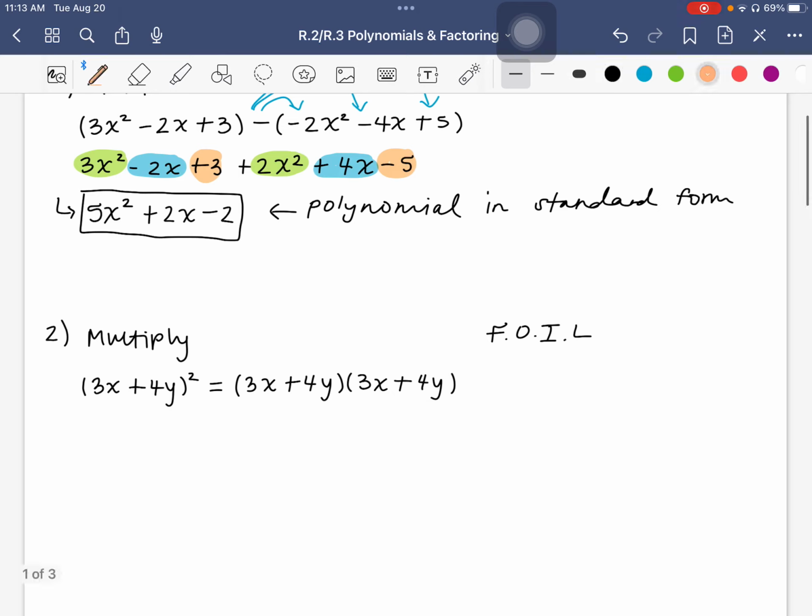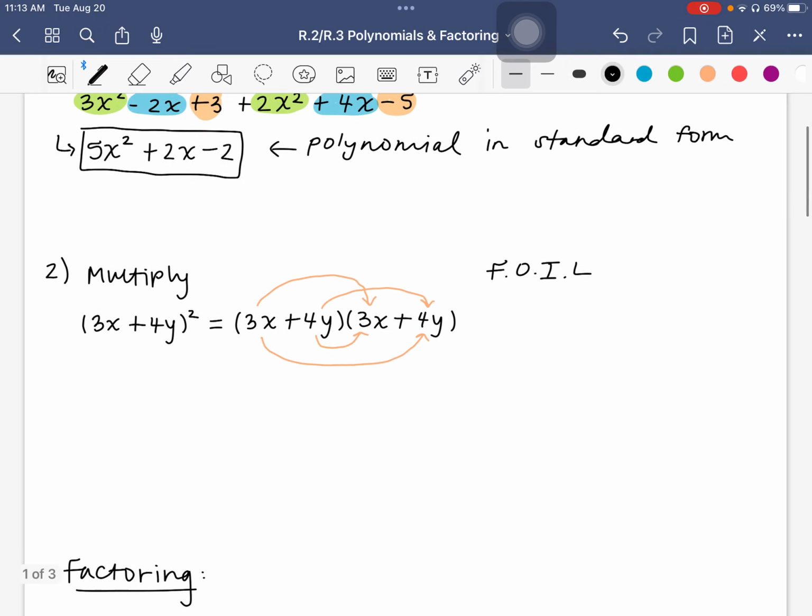So we'll start with the first terms, our 3x's here. So that's our first. Then our outer is going to be our 3x and our 4y. And then our inner is our 4y and our 3x. And then our last terms are our 4y's. So that's exactly how we're going to distribute each term and multiply it out. So we have 3x times 3x, so that is 9x squared.